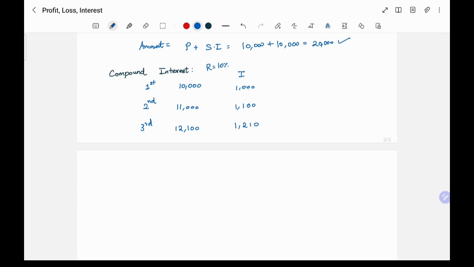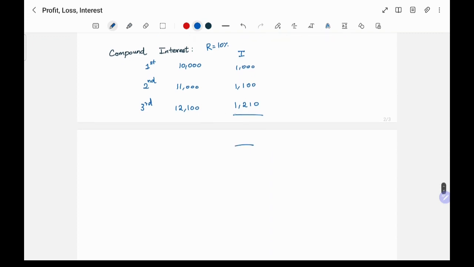So 10,000 and 1,000, it is like 10% each year it is growing. So at the end of the third year I will be having this plus this, which will be nothing but 13,310. So I will be having 13,310.